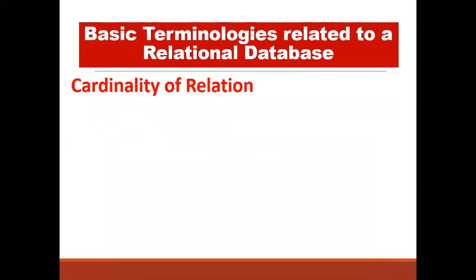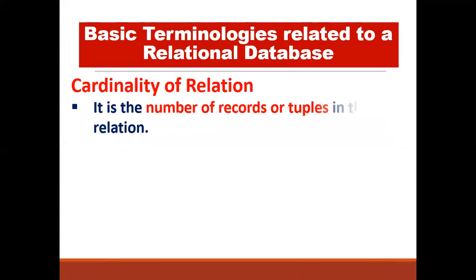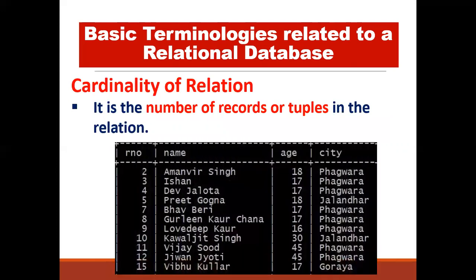Now, next concept, my dear respected students, it says the cardinality of a relation. Cardinality means the number of records, number of rows, number of tuples in that particular table. They mention the same thing here.